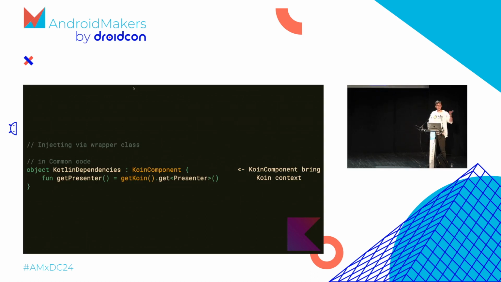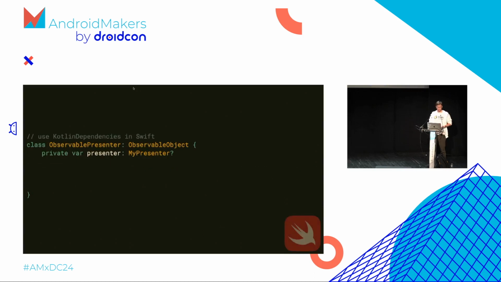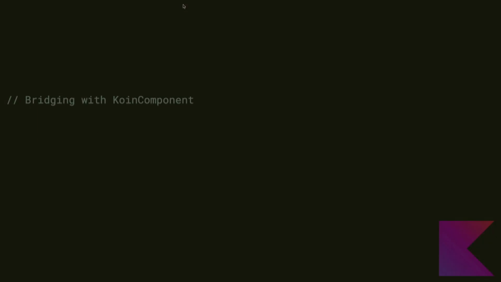And then statically you expose your instance, and then in your observable in Swift, for example, you will statically retrieve your dependencies directly as a static access. It's not super convenient, because one by one you need to declare all your components like that.